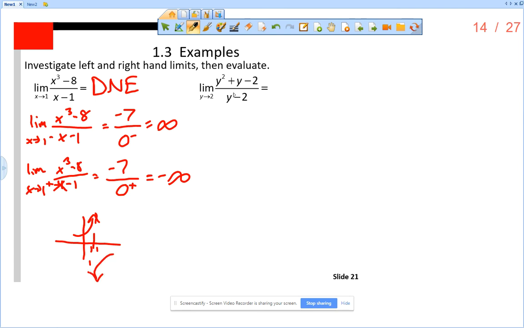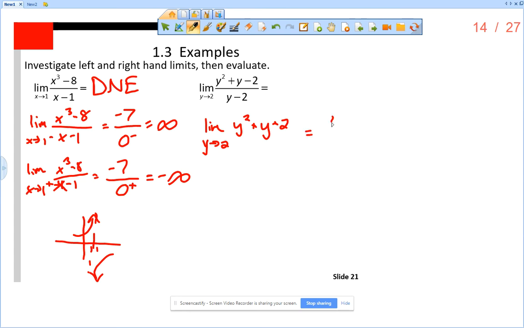All right, this one, same idea. We want to evaluate the limit from the left and the limit from the right. If I evaluate the numerator, the limit as y approaches 2 of y squared plus y minus 2, I get 2 squared plus 2, so 4 plus 2 is 6, minus 2 is 4.